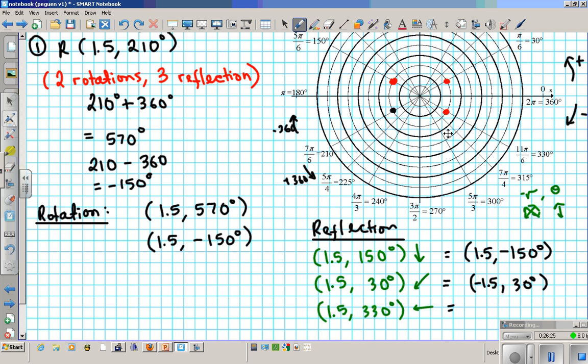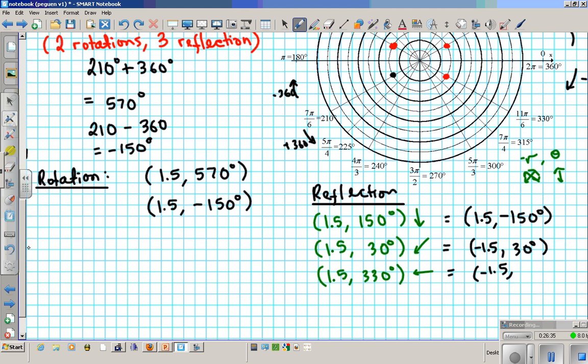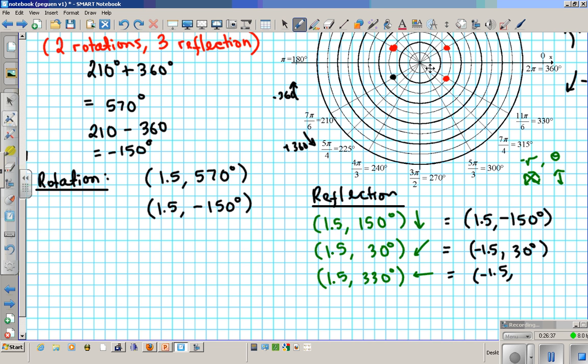So if I negate 1.5, that's going to take me from here over here. And then when I negate the angle, negative 330, that takes me straight down. So if I take the opposite of these two, that gives you a side-to-side reflection. Don't forget, anytime they're both negatives, you end up with a side reflection.